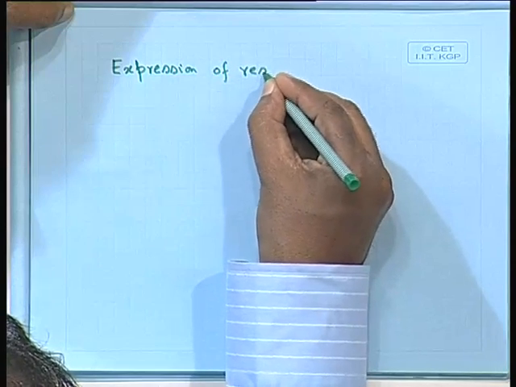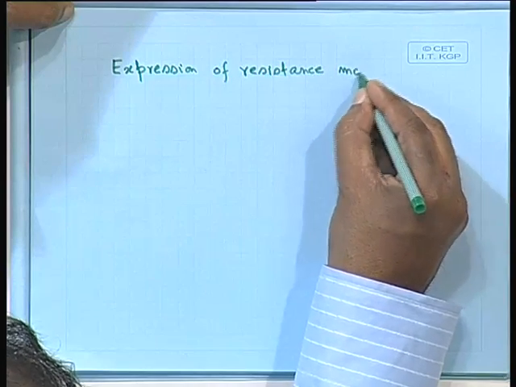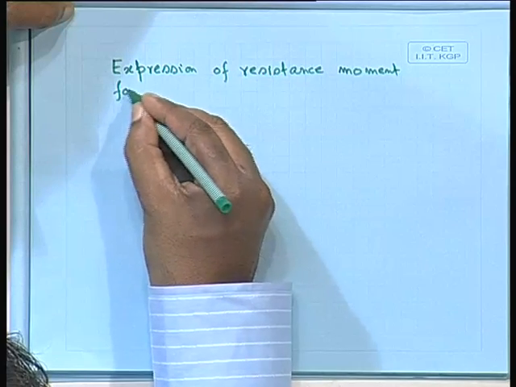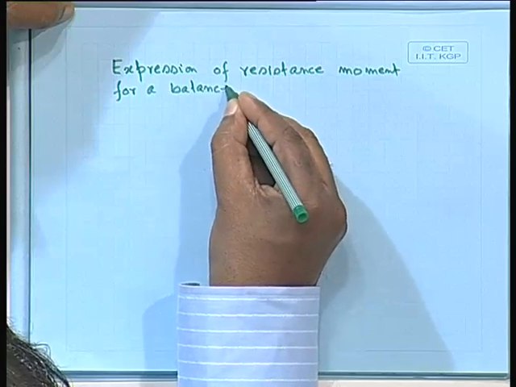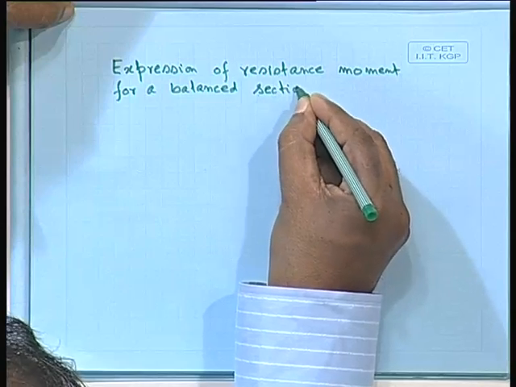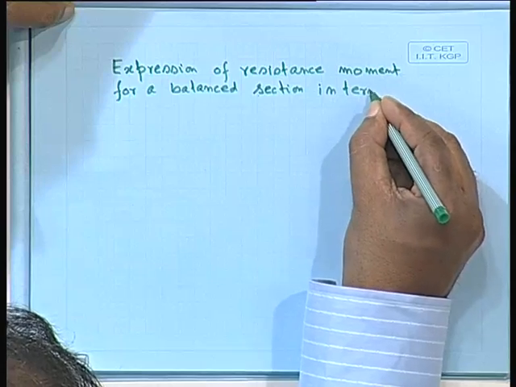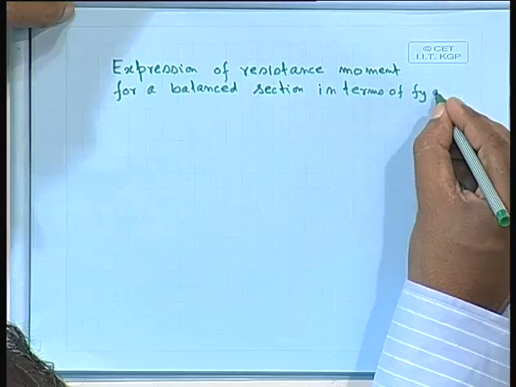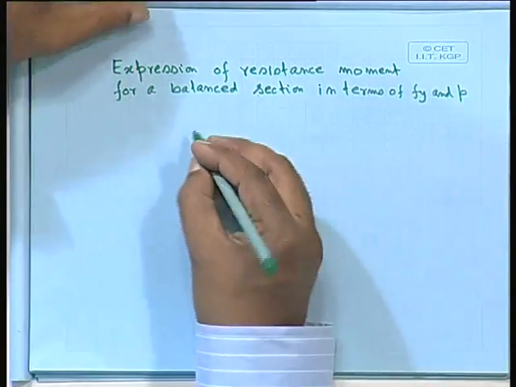Expression of resistance moment for a balanced section in terms of FOI, that is the steel stress, and percentage of steel.